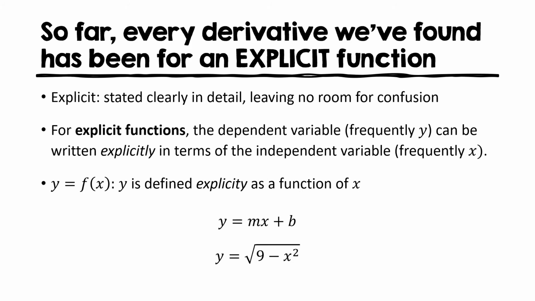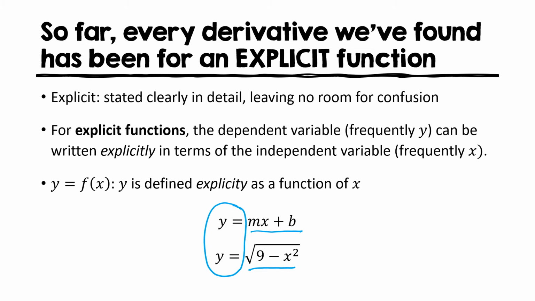So we have y is equal to f of x, and y is defined explicitly as a function of x, which basically just means we're solved for y. So y, all of them, just one of them, is on that side of the equation, and y is equal to whatever's on the other side of the equation. We know exactly what y is.